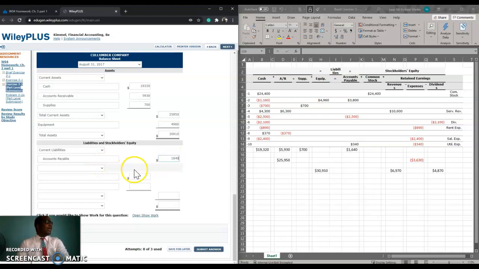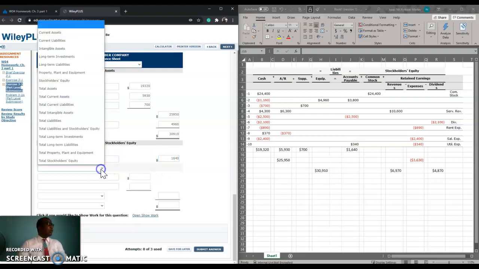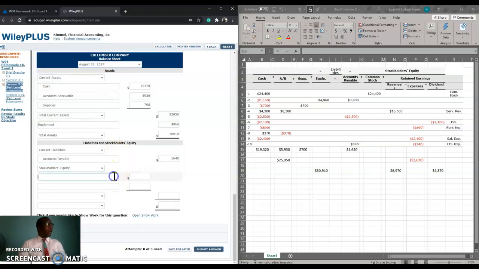And then we have stockholders' equity, and we start that with common stock. So for common stock, we had $24,400 of common stock that was issued at the beginning of the month when the company began its operations.